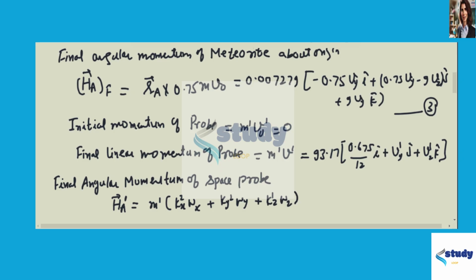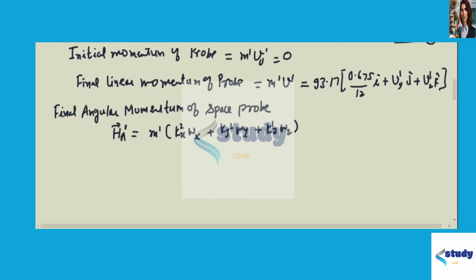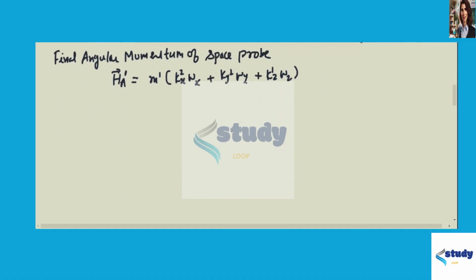Substituting the values, we can write m dash 93.17, kx dash is 1.375 whole square, omega x dash is 0.05 i cap. I forgot to write i cap, j cap, k cap.